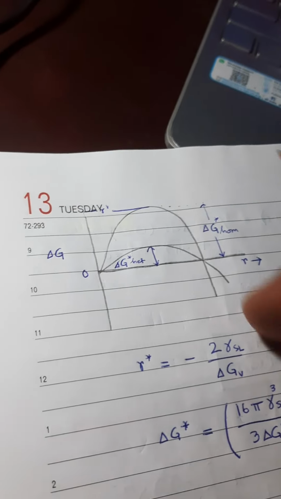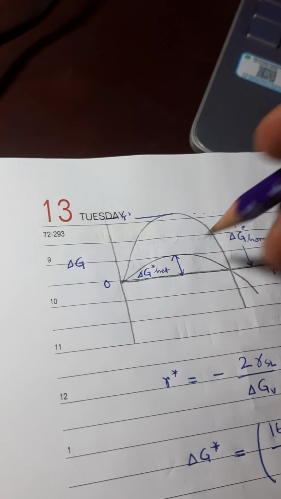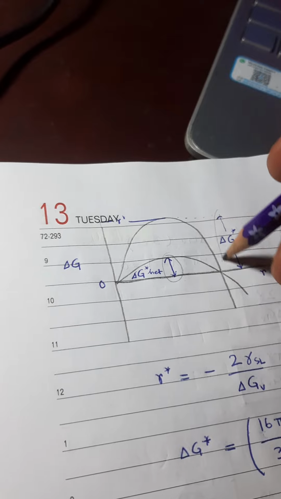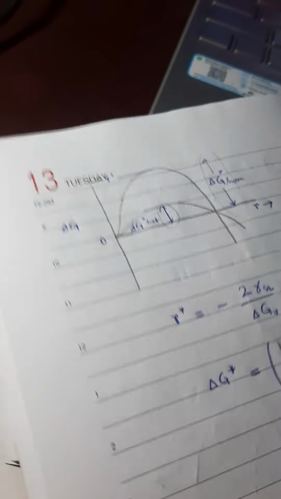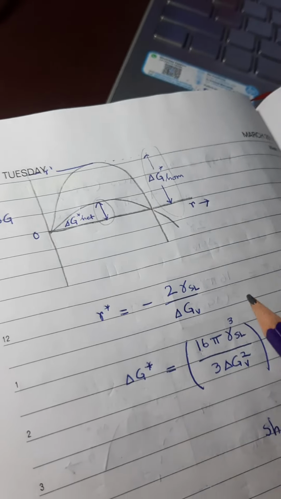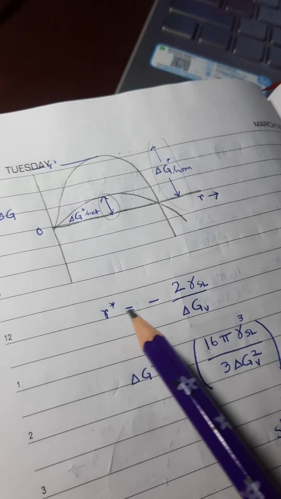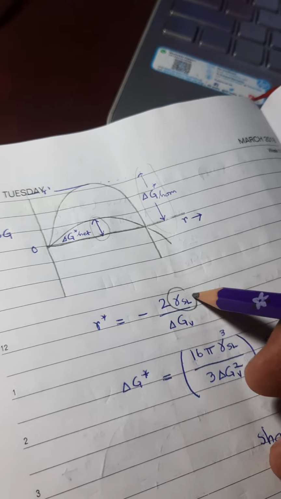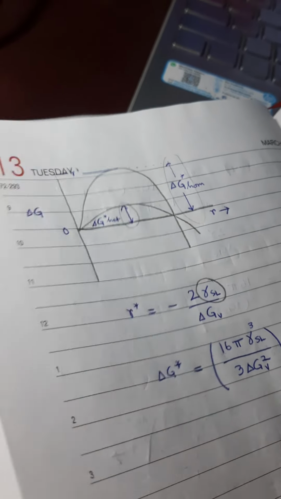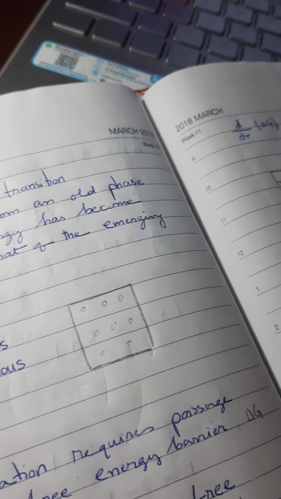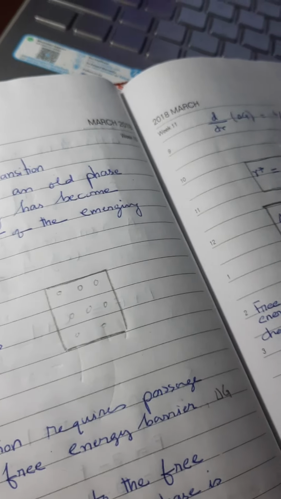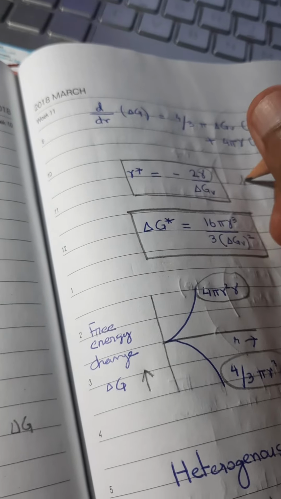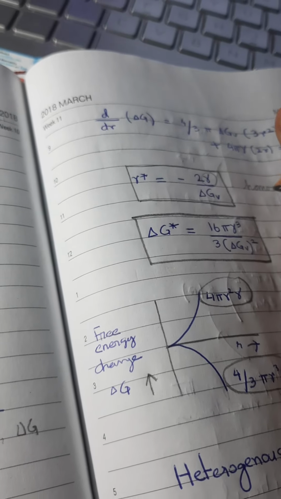For heterogeneous nucleation, the free energy change is comparatively less compared to homogeneous nucleation, and these are the two different values. Here you can see r star is equal to this factor, which is more prominent. Previously we said that it was only gamma, but that was for homogeneous nucleation.